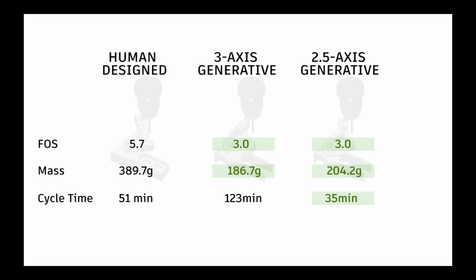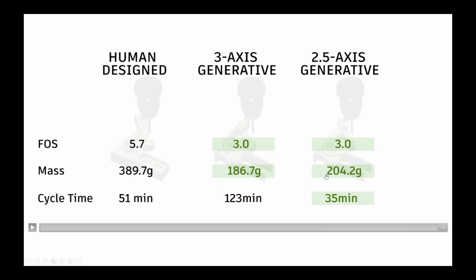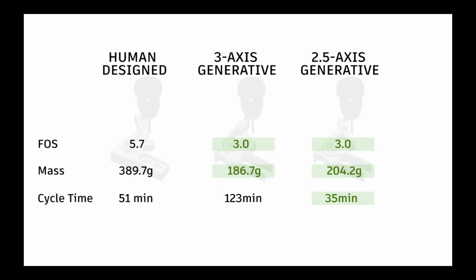So while they're not getting as much of a weight savings, it's still notably lighter than their current design, and it now also machines even faster than their current design. So they're kind of getting a dual win for this specific component. So maybe that helps give a different take on it.